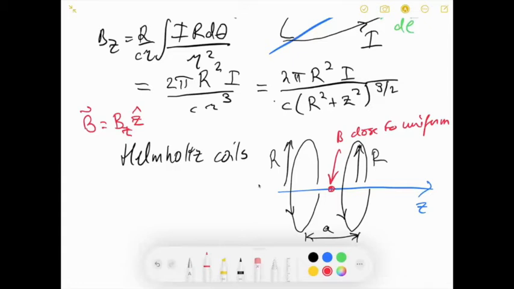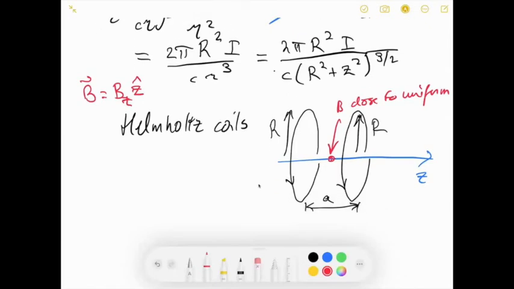So what do I mean by that? Well, if you look at this expression, you see that in the limit of Z going to infinity, obviously this field vanishes. But if Z is 0, it has that finite value of the field that we had calculated before. So the B field as a function of Z for the first coil goes like this.